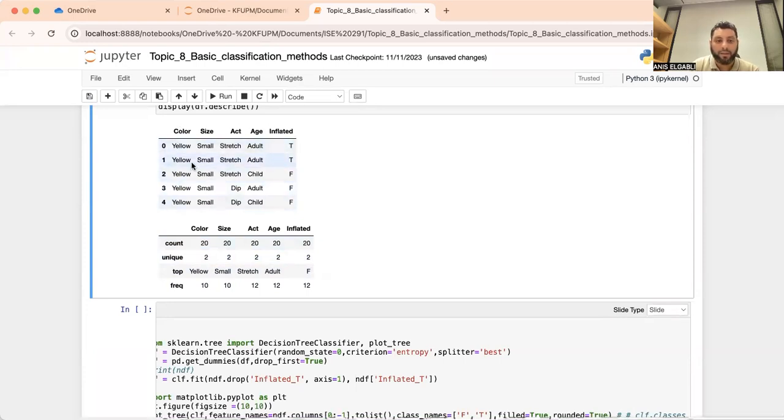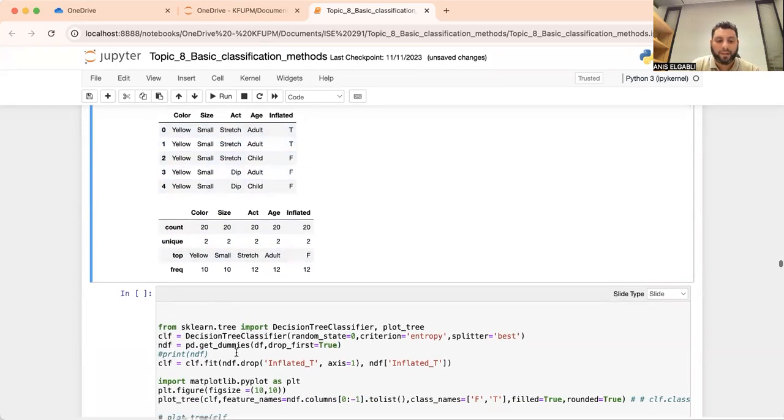Here there is no order. Here, small and large, that is debatable. We could say there is an order, or we could say there's no order. Here we will treat it as there is no order. So we will just use one hot encoding for all of these features. There's no order here, and that's the class label.